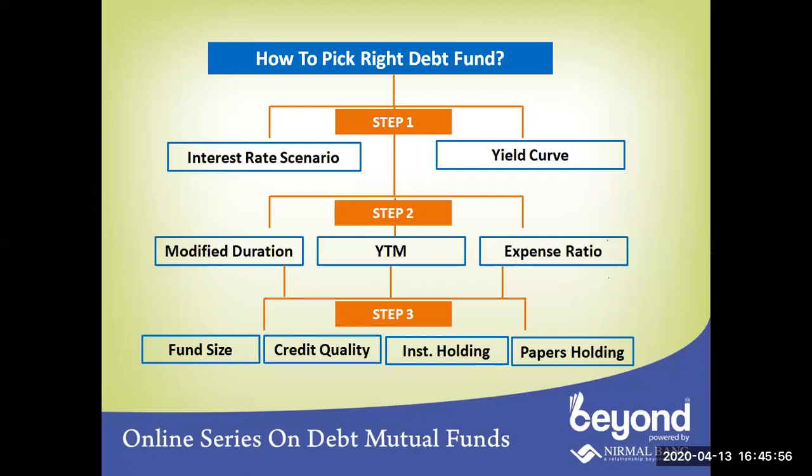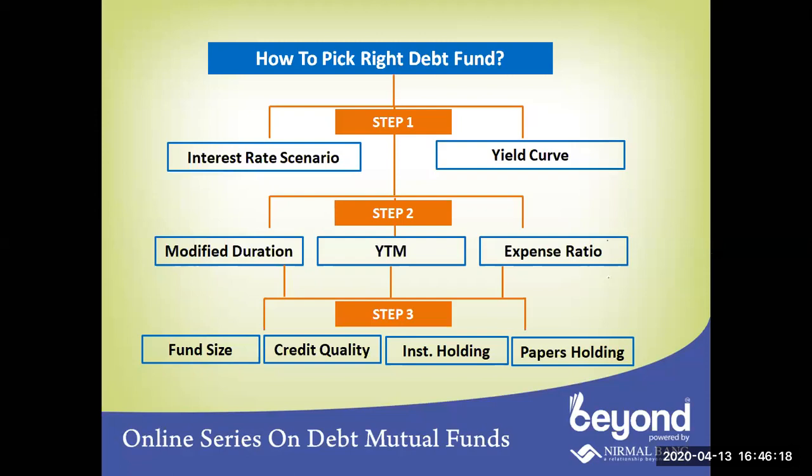So where the portfolio is overweight or underweight, whether it's on CP/CDs, the corporate bond side, or the government securities side. So we do that kind of instrument holding analysis, and then the paper holding analysis comes. Within that particular instrument, what all papers they are holding.